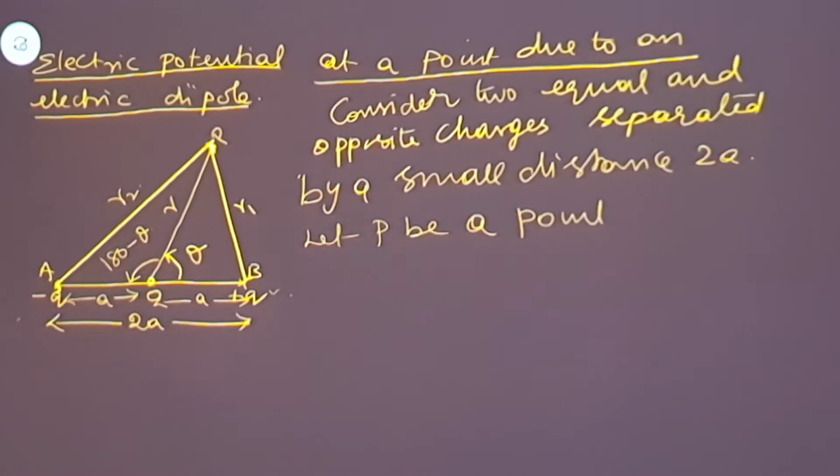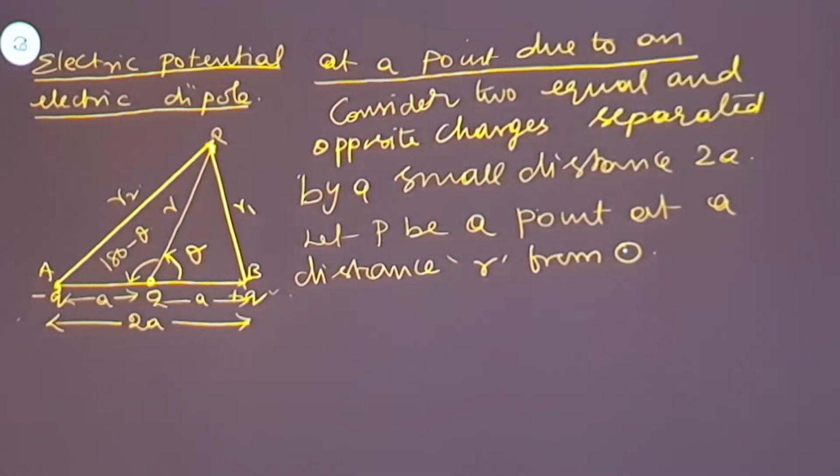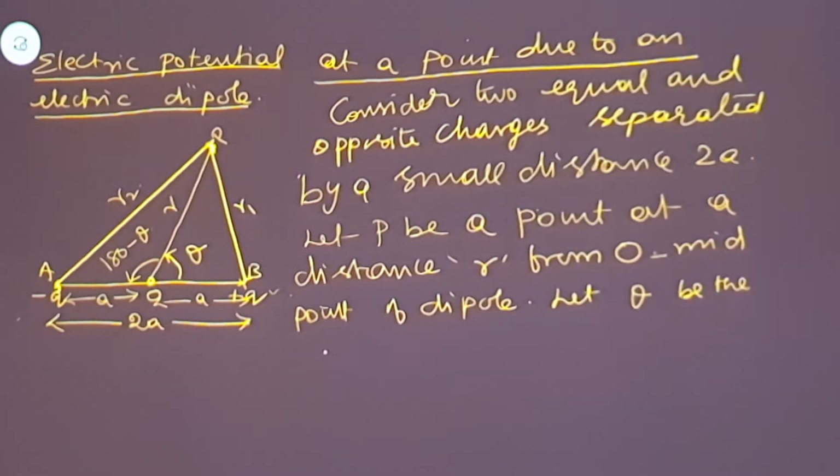Now let P be a point at a distance small r from the point O, and we can consider O as the midpoint of the dipole. Now let us mark the angle.